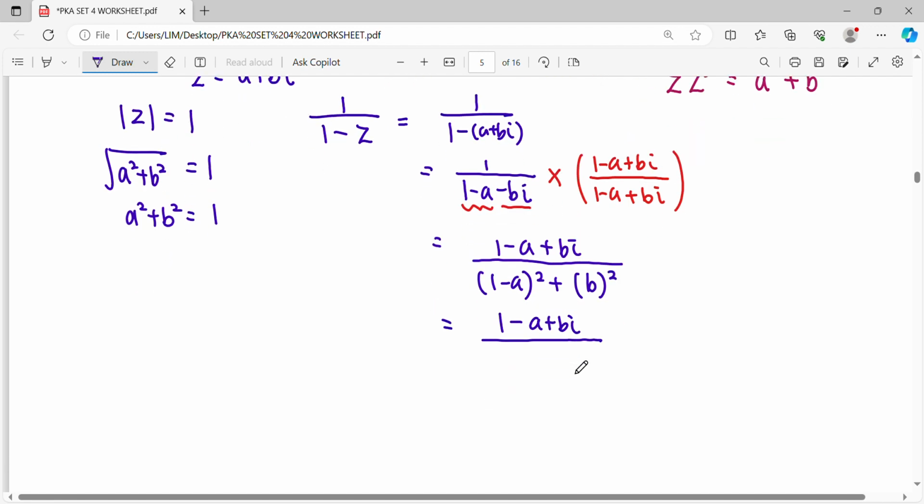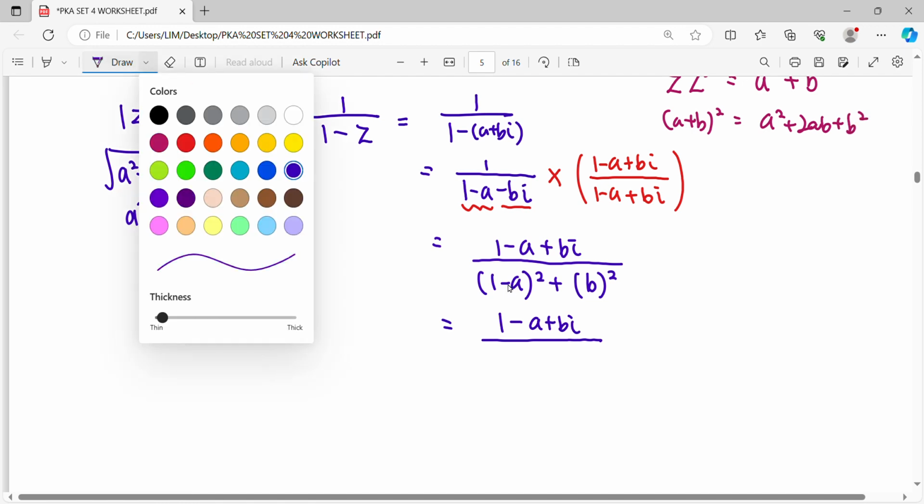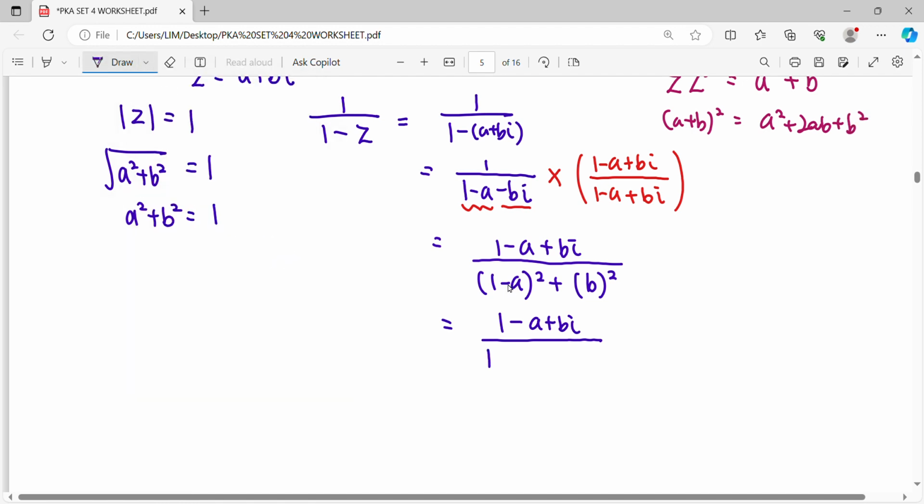Alright, so this one squared, we expand it. How do we expand a plus b squared? It will be the front squared, 2 times front times back, back squared. So it will be a square plus b square.